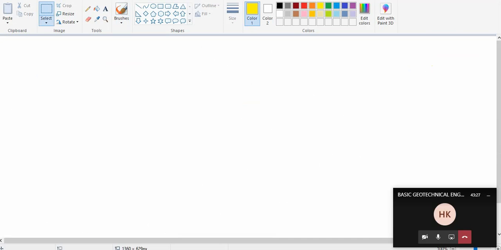First, write down the given data. Void ratio is 0.8.